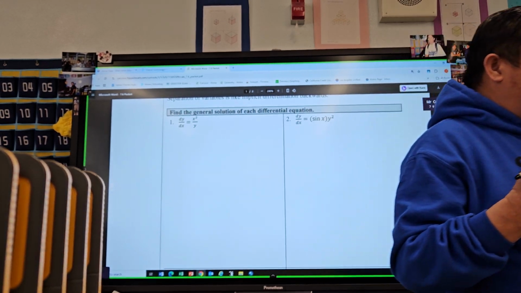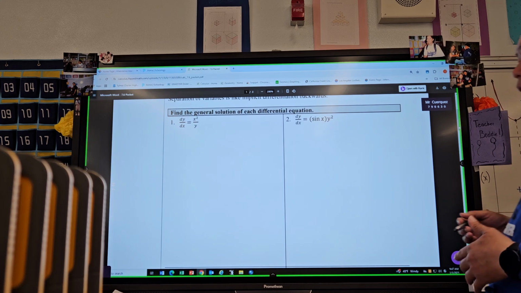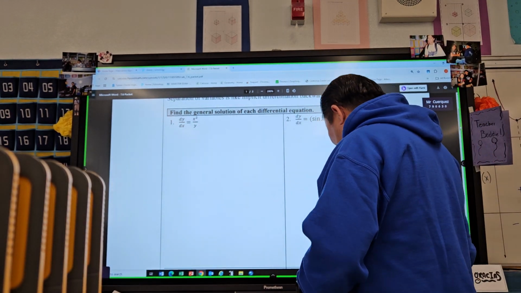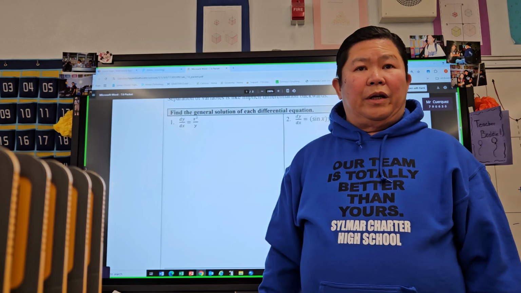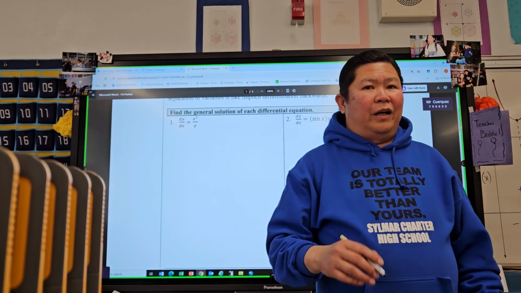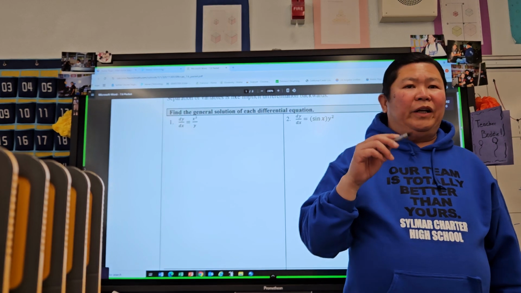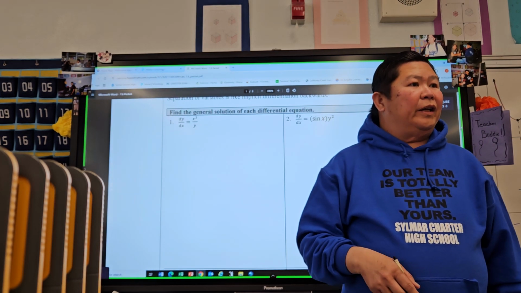What are we trying to do? Combine the x with dx and the y with dy. Okay, so that is the concept of separation of variables. We're gonna separate variables according to its family, the family of x dx and x, the family of y dy.